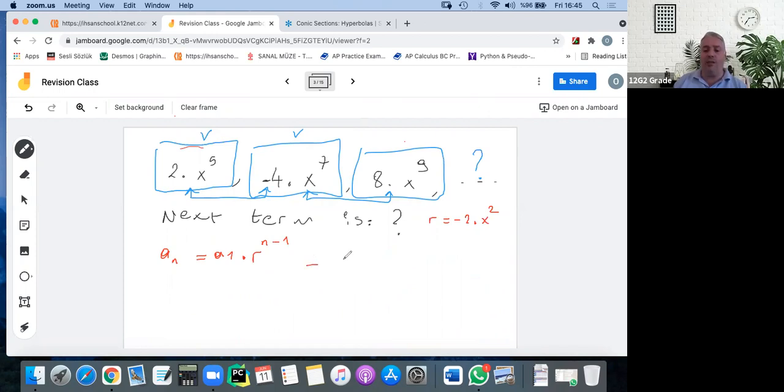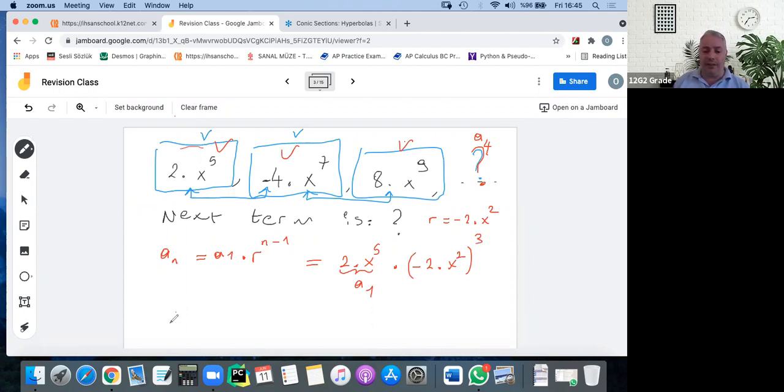So a1 is equal to 2 times x to the power of 5, times r, which is -2 times x to the power of 2, to the power of n minus 1. What is n minus 1? Since this is a1, and I am looking for this term. Which term? First term, second term, third term, fourth term. So this is a4. So n is 4, which means 4 minus 1 will be 3.